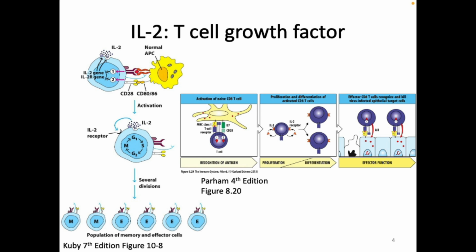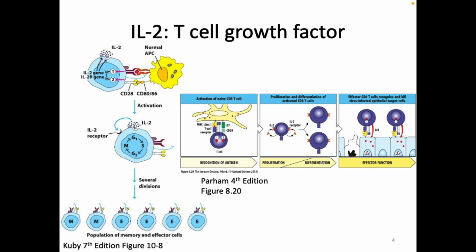Because the big thing that IL-2 will do, and you can see a T cell making IL-2, and then that IL-2 stimulating the cell's own IL-2 receptor, is that it pushes that T cell into the cell cycle and allows that cell to undergo a bunch of cell divisions.